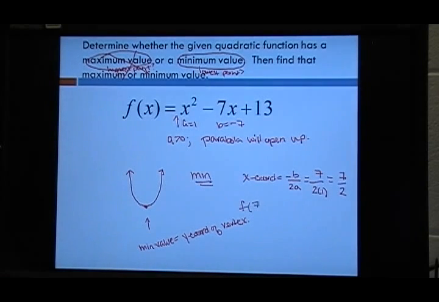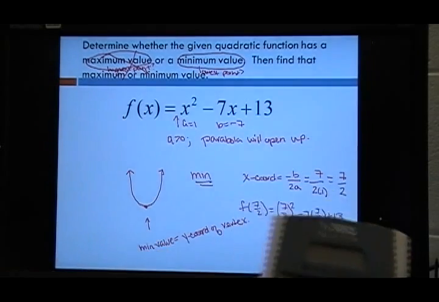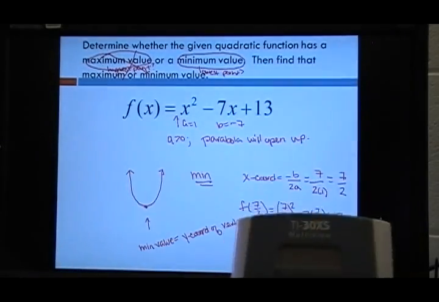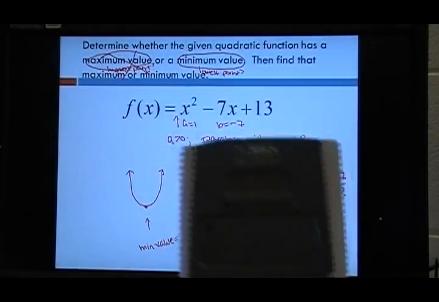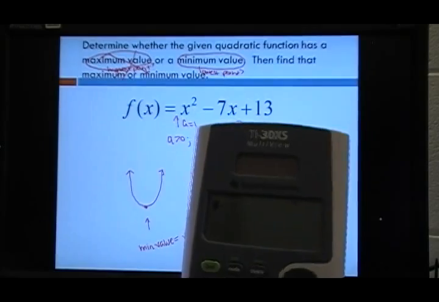So f of 7/2 is going to be 7/2 squared minus 7 times 7/2 plus 13. And I strongly encourage you to just type that into your calculator so that you don't make calculation errors.